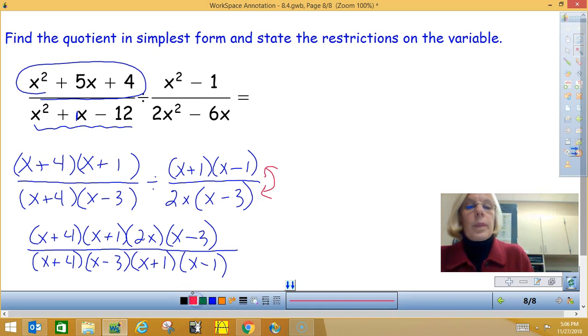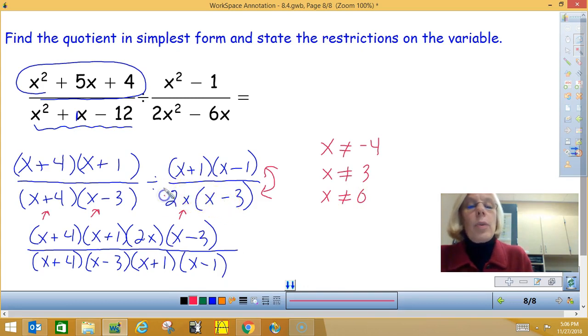Okay, let's state our restrictions. X cannot equal -4, and x cannot equal 3. X cannot equal 0, because if x is 0, this whole denominator is 0, and then our expression is undefined, so x cannot equal 0, and we already have that x cannot equal 3.